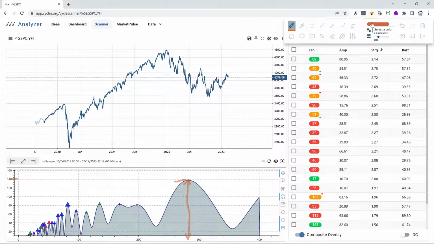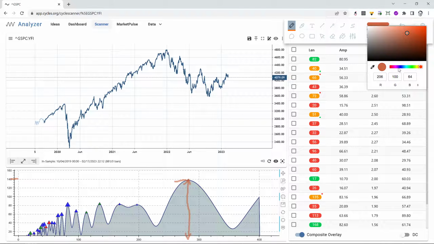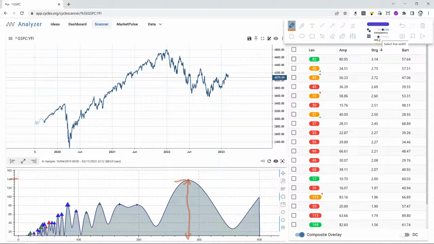Let's pick a different color. The prominence of a cycle is similar, but not the same. The prominence is calculated from the bottoming area of the decreasing left shape of this cycle.